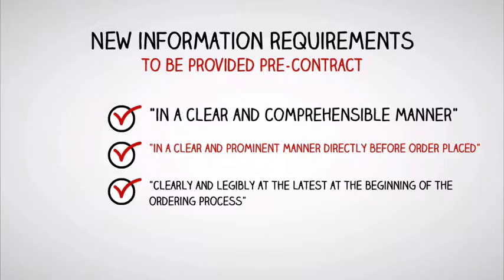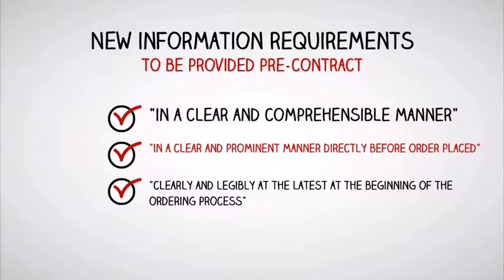Then there's a further set of information that you need to provide in a clear and prominent manner directly before the order is placed. And then finally, there's some other information that you need to provide clearly and legibly at the latest at the beginning of the ordering process. So it's quite complicated as to what information you need to provide and actually how you need to provide it.